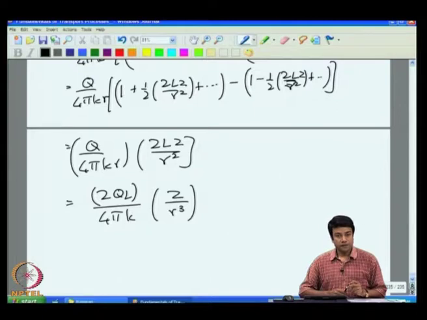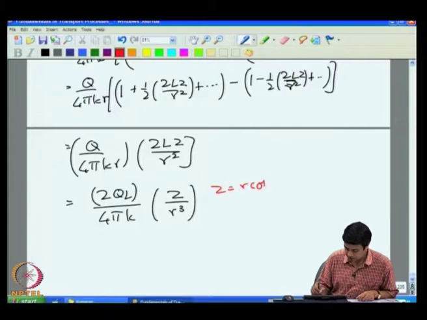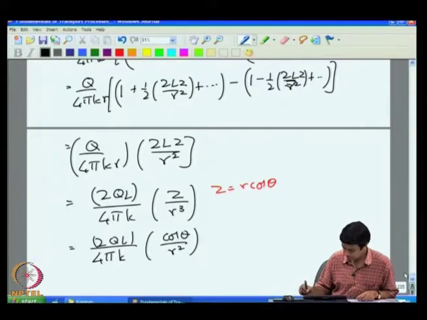Or if I write this in a spherical coordinate system, I can use the substitution z is equal to r cos theta. So, this will become 2qL by 4 pi k into cos theta by r square.